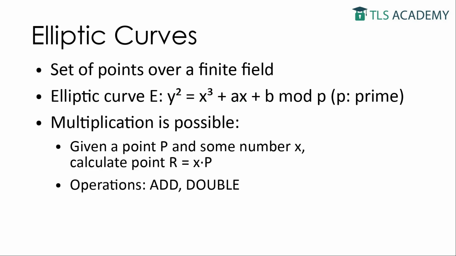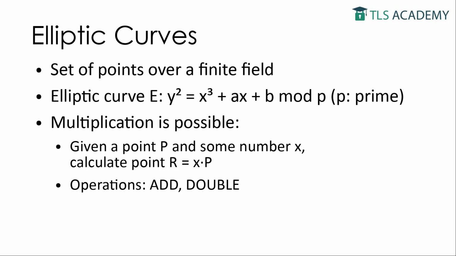Elliptic curves allow multiplication, such that when we multiply a point which is on an elliptic curve with a number, we receive a point that is again on the elliptic curve. Thus, given a point p on the curve E and some number x, we can calculate the point r by multiplying p with x, and the result r will also be a point on the curve.